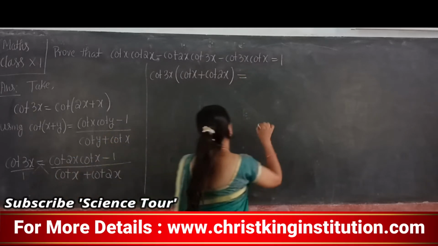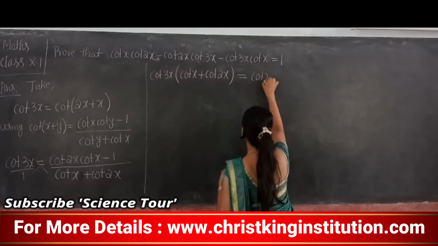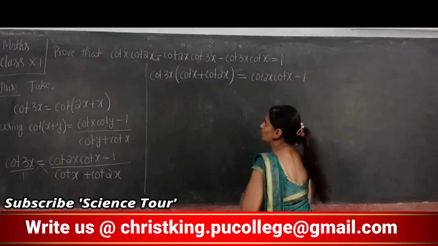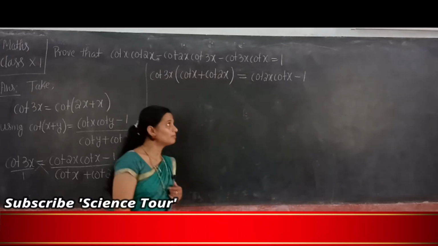So it is cot 2x into cot x minus 1. Now multiply.